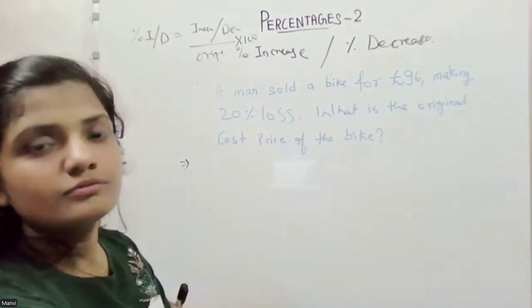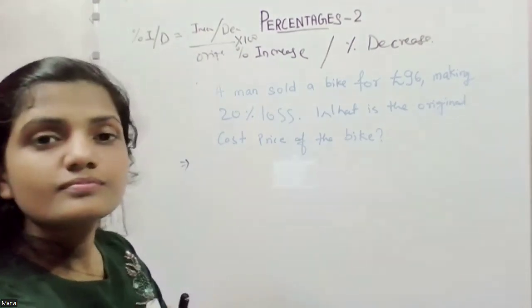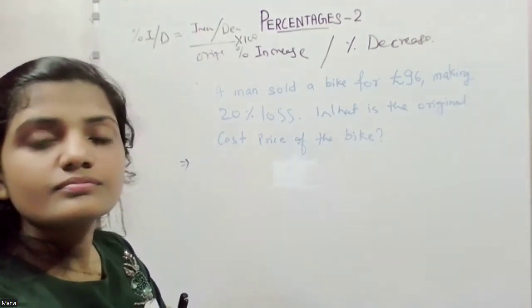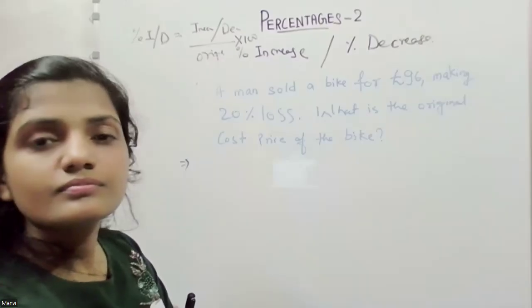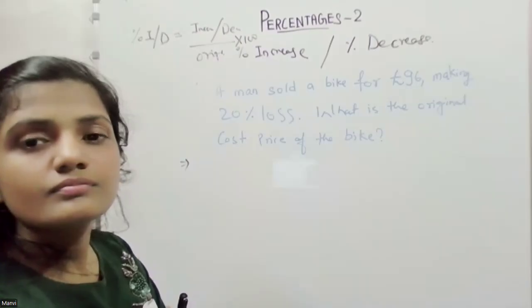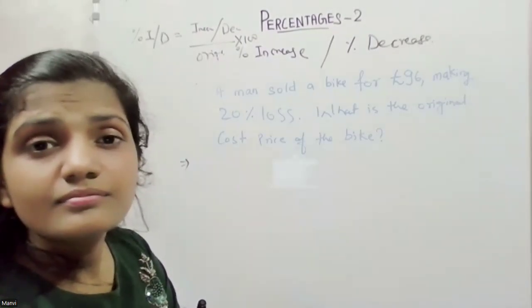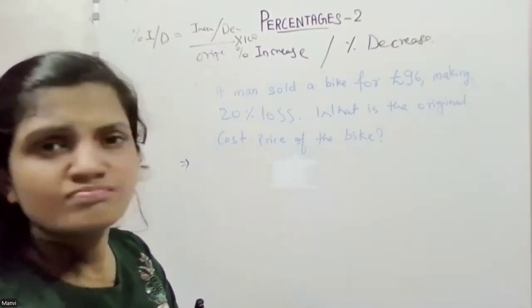Please let me know step by step. So I did 96. So I thought 1 is equal to 96 by 20%. Sorry? 1 is equal to 96 by 20%.